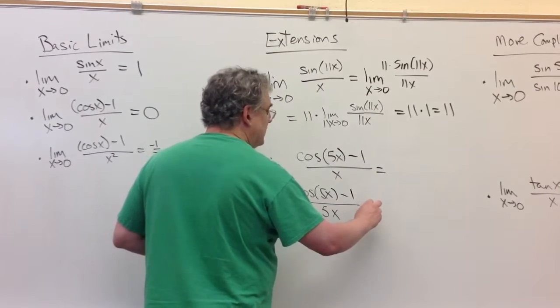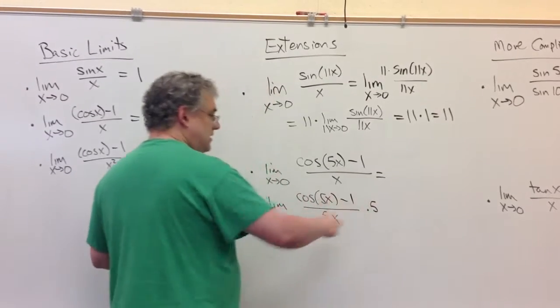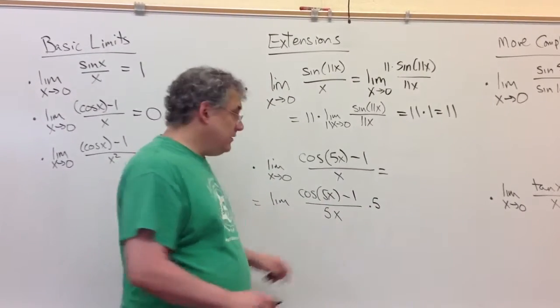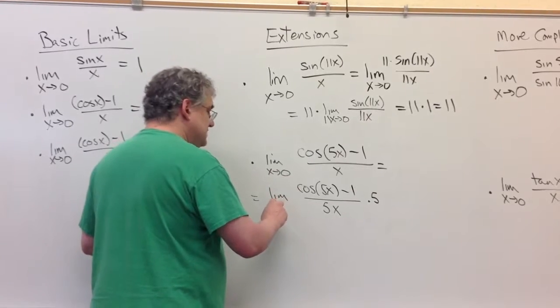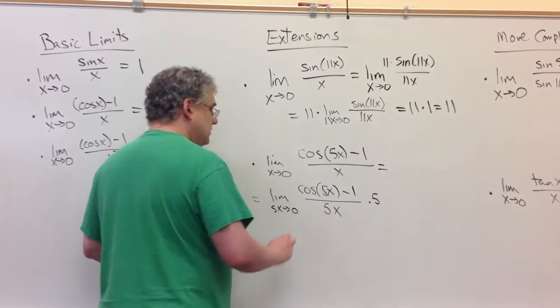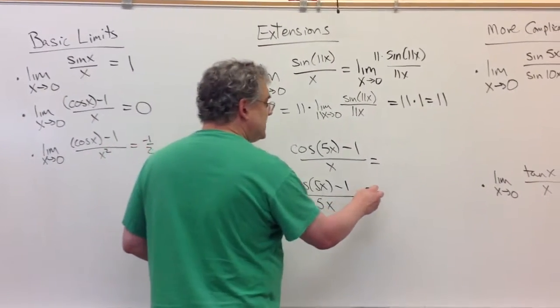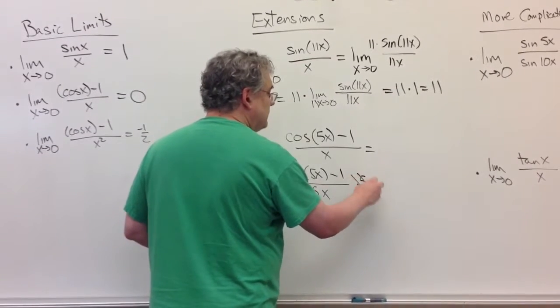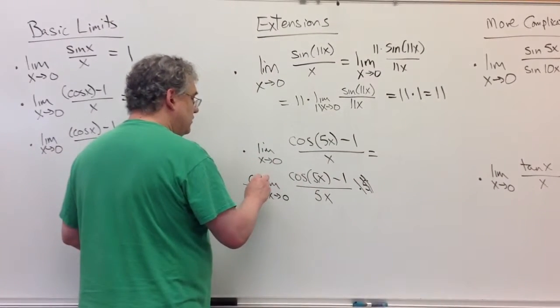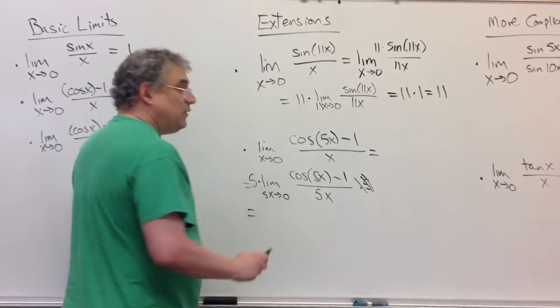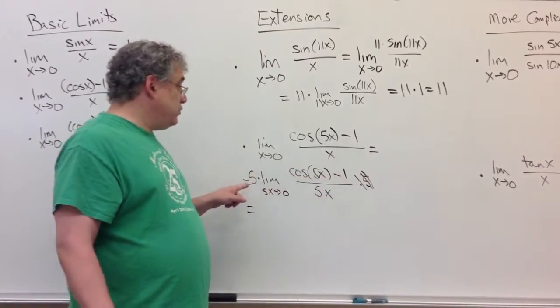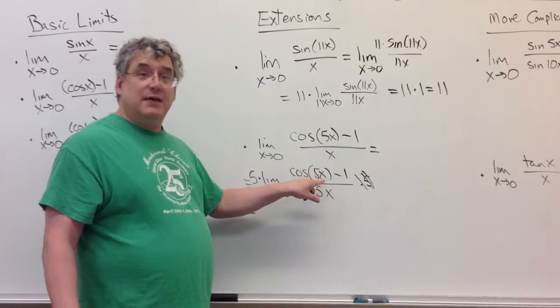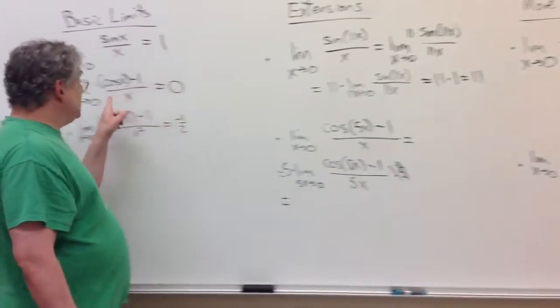So I multiply by 5 here to make up for the fact that I divide by 5 here. And if x is going to 0, it's the same thing as saying 5x is going to 0. Now, I'm going to skip a step visually. I'm going to factor the 5 out already. You might want to do it in two separate steps, but that's what I'm doing. I'm pulling that out. This and this are all the same. So this limit is 0.